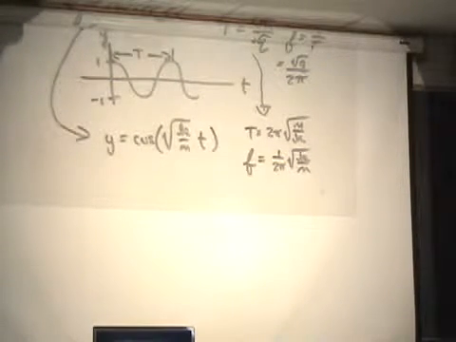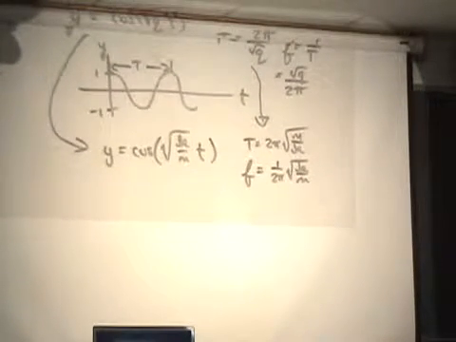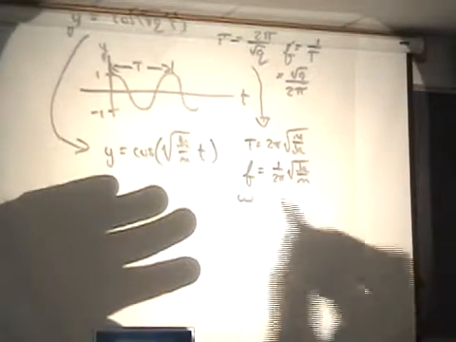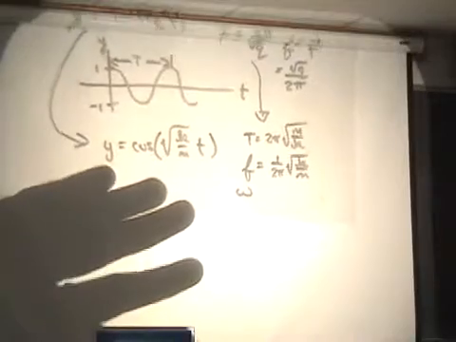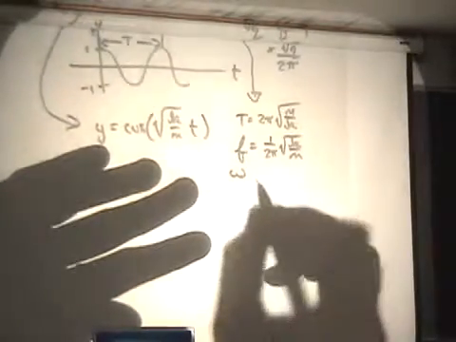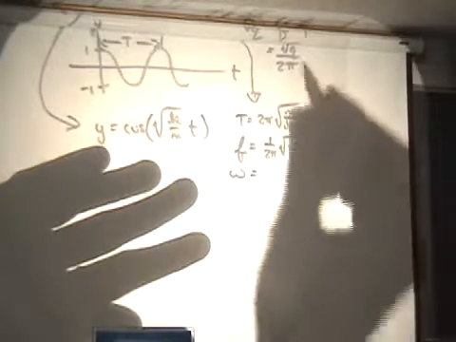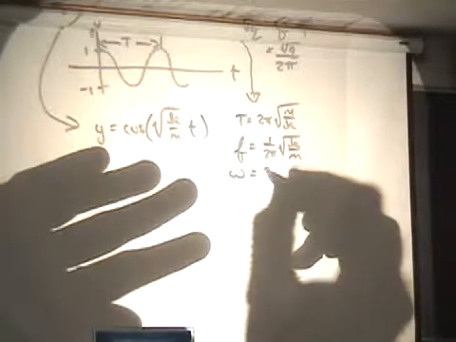There's also a concept of something called an angular frequency, sometimes denoted with the Greek letter omega. That's not a W, that's an omega. And the angular frequency is really the same as the frequency, but multiplied by 2 pi.